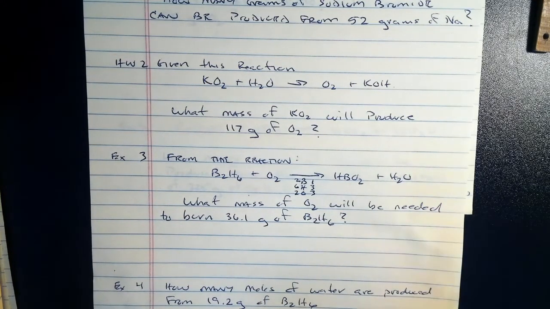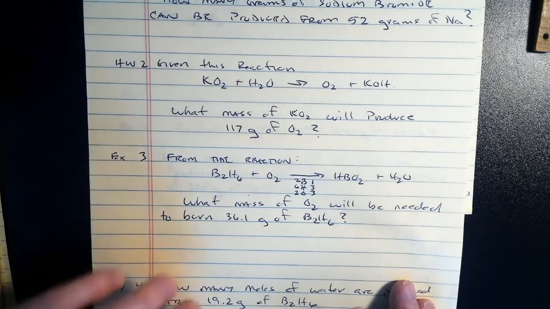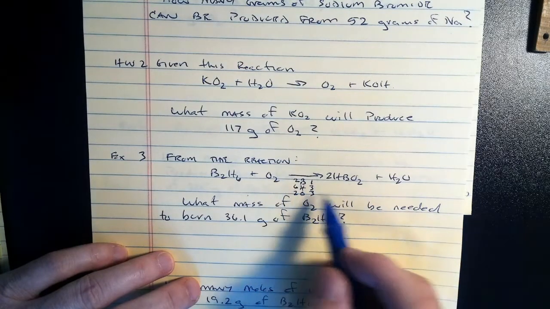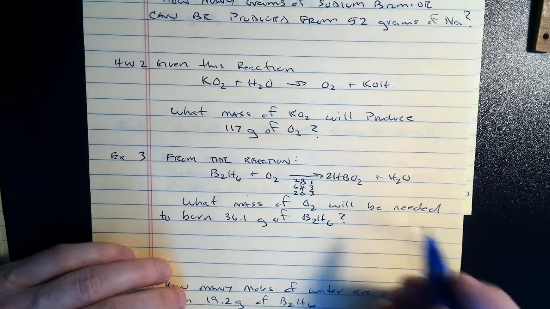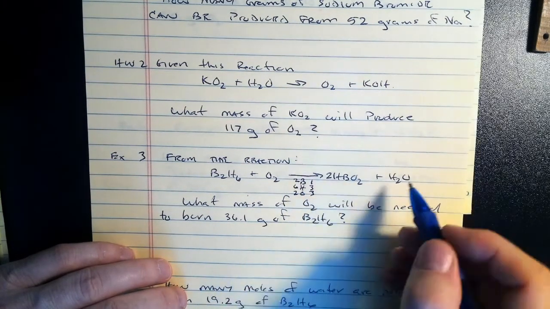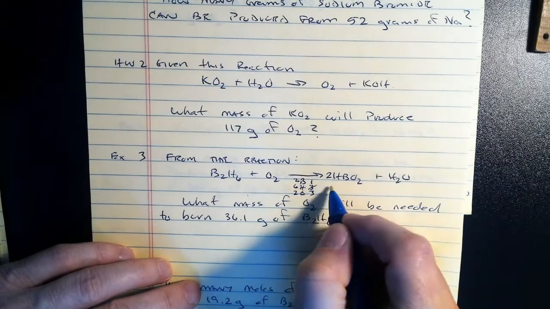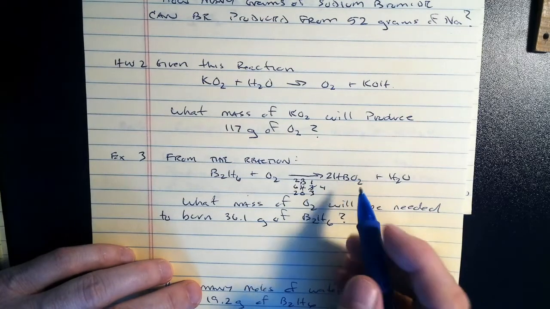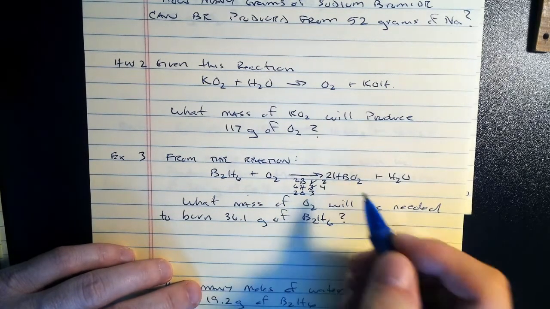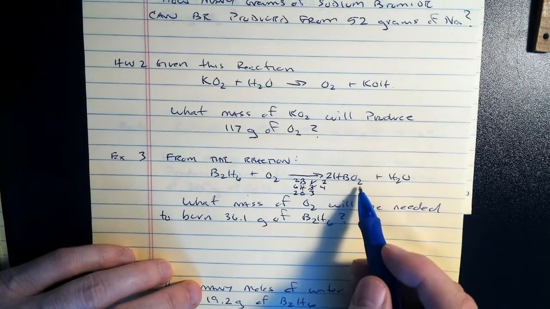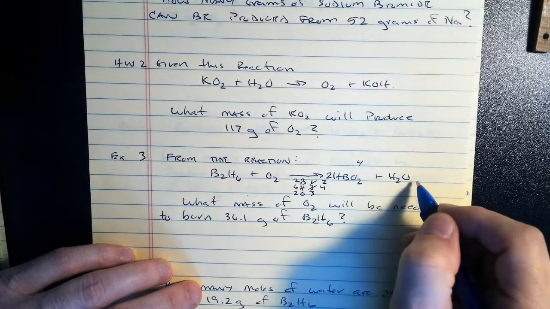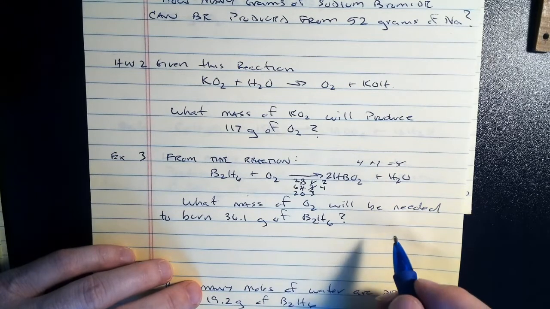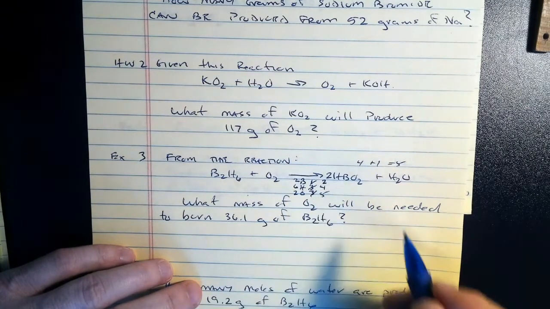So that leaves boron. And of course the obvious thing to do is put a 2 in front of HBO2 to try to even this out. Now you remultiply. 2 times 1 hydrogen is 2, plus this 2 will make 4 hydrogens on the product side. 2 times 1 boron is going to be 2, and that's good. 2 times 2 oxygen is 4, plus that 1 is going to make 5. So we'll put 5 right there.